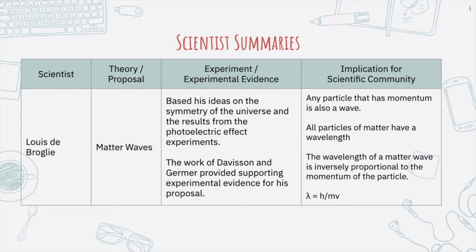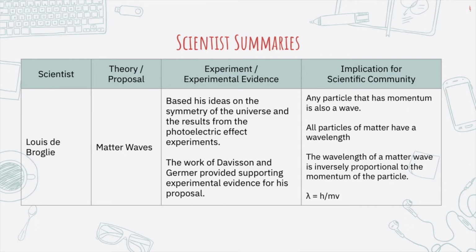Next, we'll look at either the experiment or the experimental evidence which supported this theory or proposal. So, de Broglie based his ideas on the symmetry of the universe and was using the results from the photoelectric effect experiments that Einstein had earlier explained, where he had described the fact that waves behaved as particles.